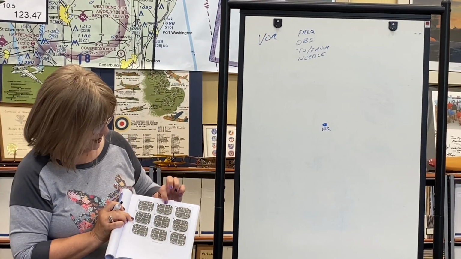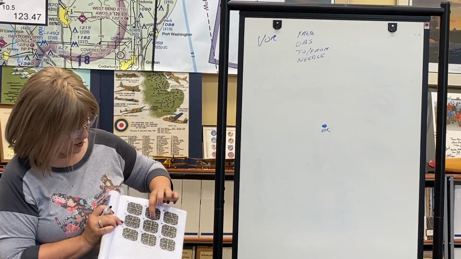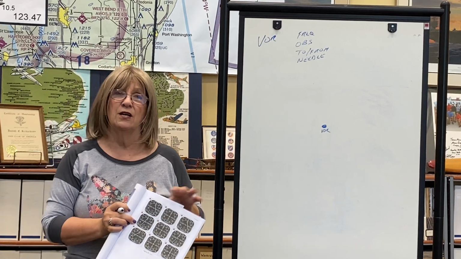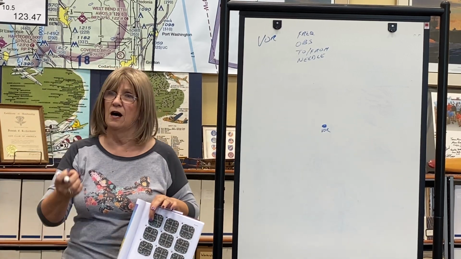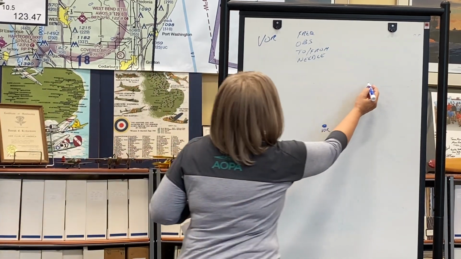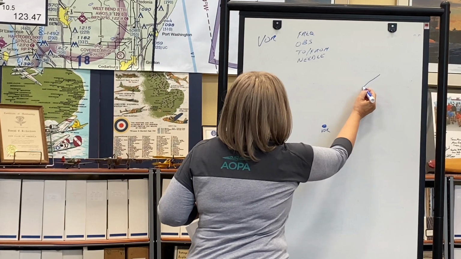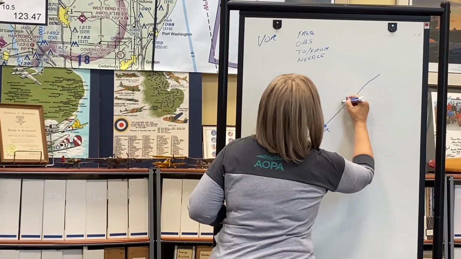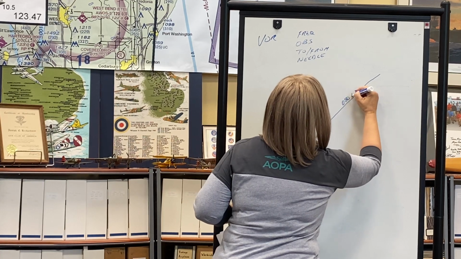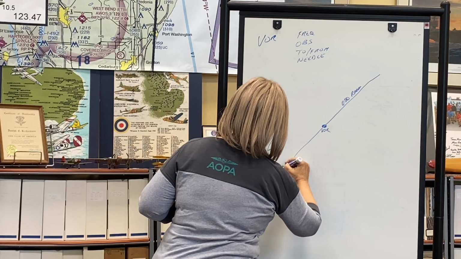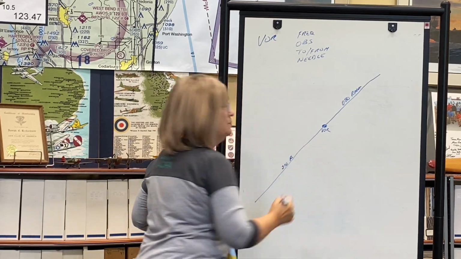That one says 210, and that one says 030. 210 and 030 are reciprocals of each other. I'm just eyeballing. So this is the 030 radial, and this is the 210 radial.